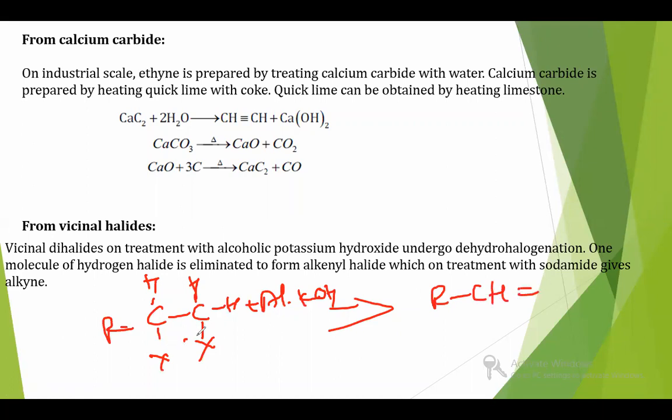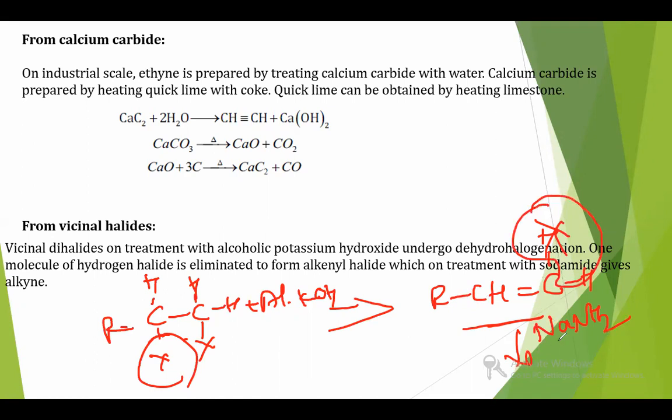With the removal of halogen and hydrogen, the carbon-carbon double bond with CX halogen and H forms. This we call an alkenyl halide. This alkenyl halide is treated with NaNH2, sodamide. Then hydrogen and halogen get eliminated, forming a carbon-carbon triple bond. Alkenyl halide to alkyne, C triple bond C with H.